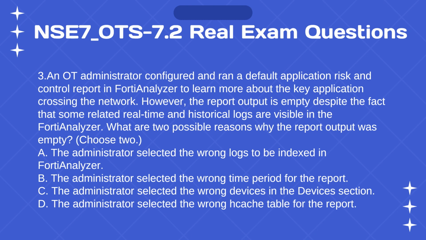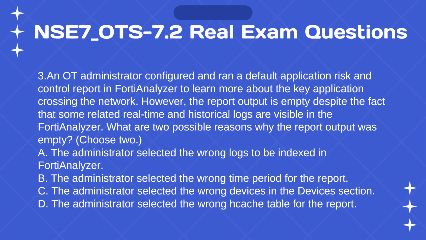3. An OT administrator configured and ran a default application risk and control report in FortiAnalyzer to learn more about the key applications crossing the network. However, the report output is empty despite the fact that some related real-time and historical logs are visible in FortiAnalyzer. What are two possible reasons why the report output was empty?